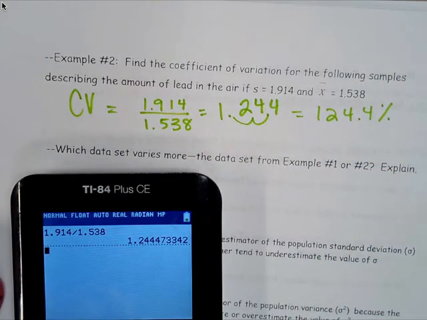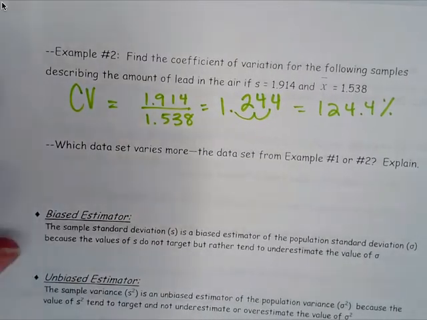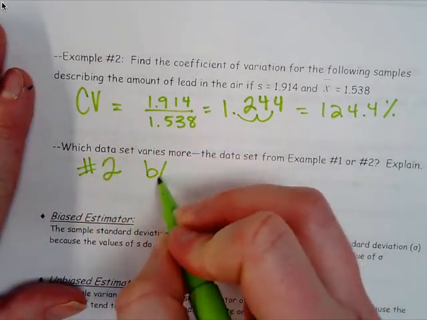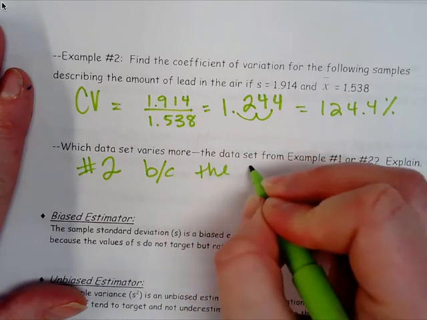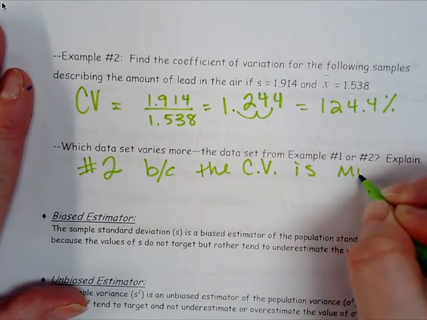So the coefficient of variation is 124%. It's large. So which data set varies more? It'd be the second, because the coefficient of variation is much higher.